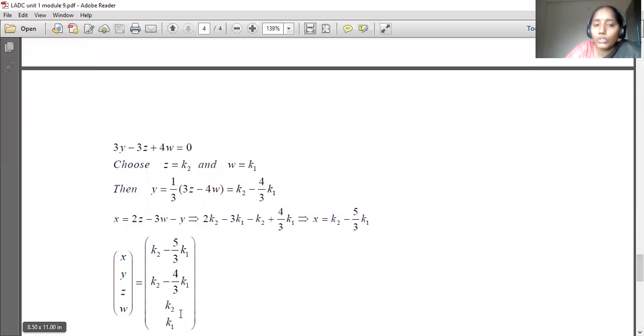This is your solution where k1 and k2 are any arbitrary values. If we replace k1 is 0 and k2 is 1, or anything, that means if we substitute different values for k1 and k2, then we will get distinct solutions. In such a way, we get an infinite number of solutions for this system of equations.